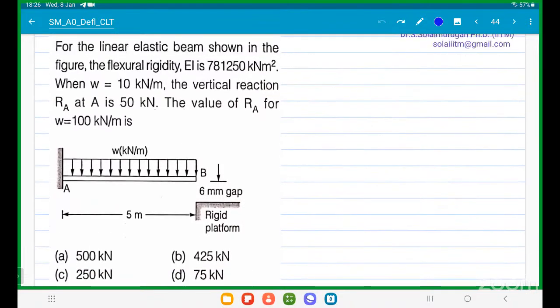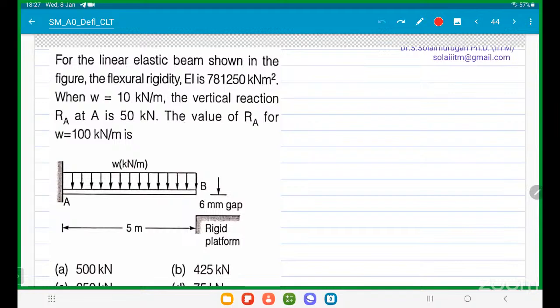Sir, what is the reaction at the right end B first? That we don't know, right? Sir, what is the concept? According to the level of disturbance, the corresponding reaction will be developed. Yesterday you told, if I am disturbing 100%, 100% reaction will be developed. If I am disturbing 70%, 70% reaction will be developed. Sir, how much are we disturbing?